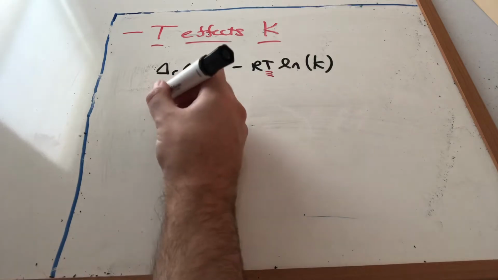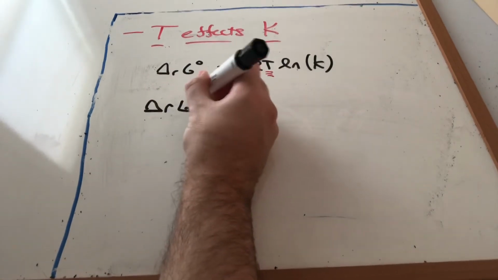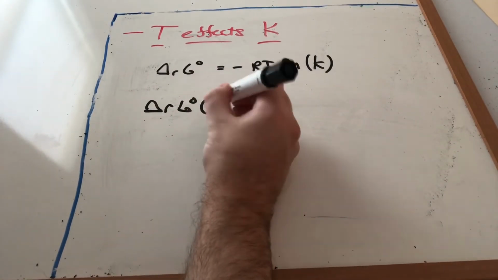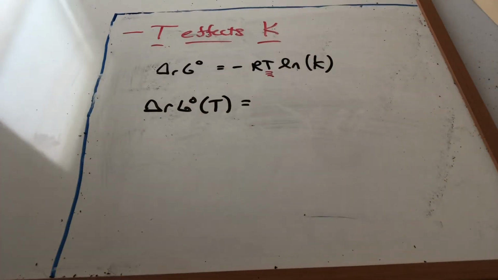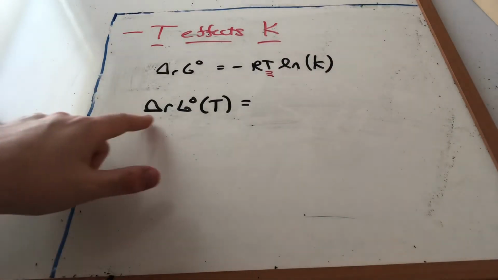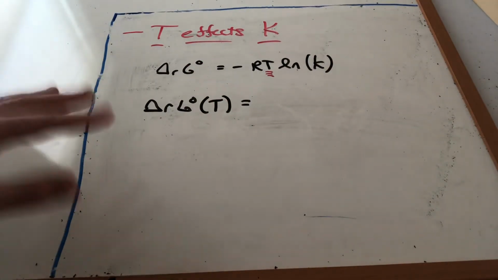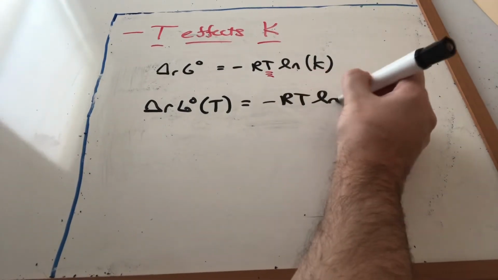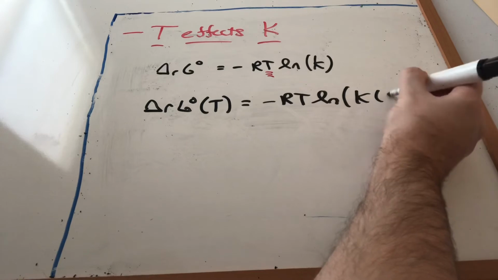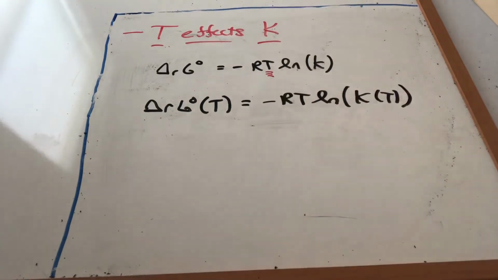It's better to remind ourselves that delta reaction G naught itself depends on temperature, right? Maybe over a temperature range it's constant, but it itself depends on temperature. It has a functional form that depends on temperature. That means K itself also depends on temperature.